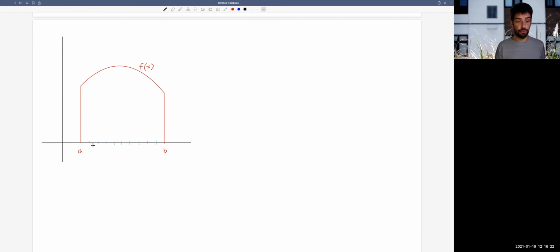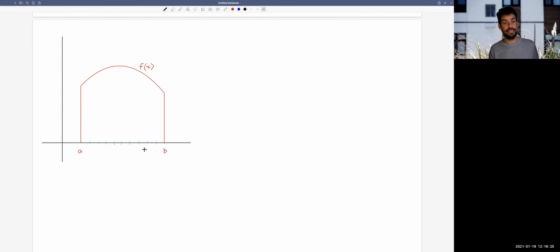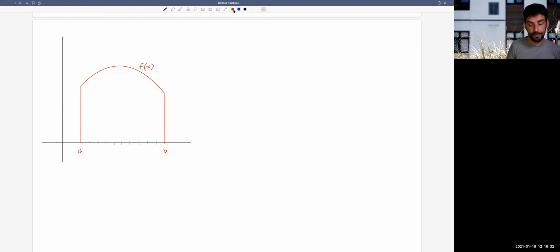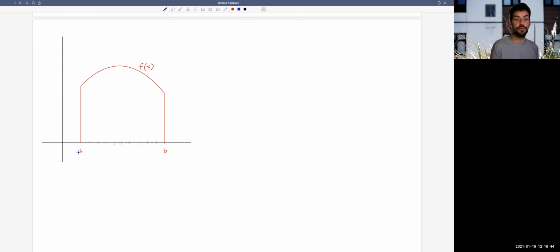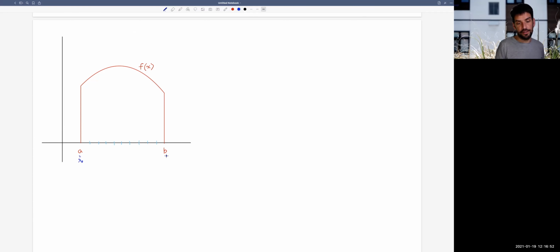So as usual, I've taken the interval a to b and chopped it up into subintervals. I've drawn a certain number here, but just think of this as some arbitrary number. Let's look at one interval in particular. First of all, as usual, I don't want to write everything down because this will become very cluttered, but this would be a, and we might note these x values of the interval as x0, x1, x2, all the way on up to xn.